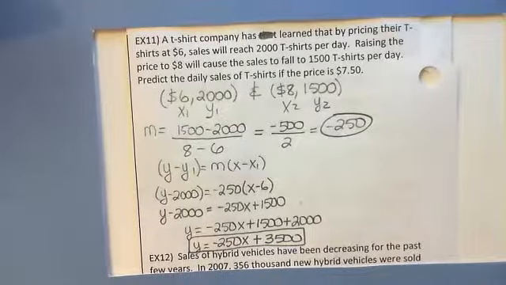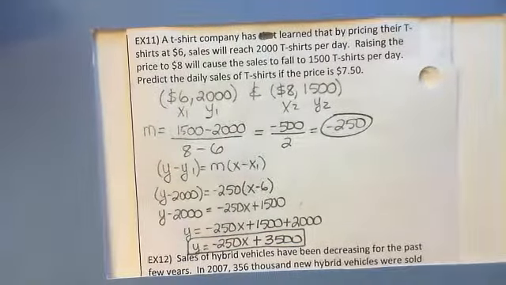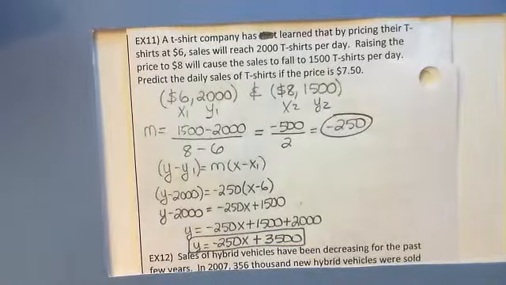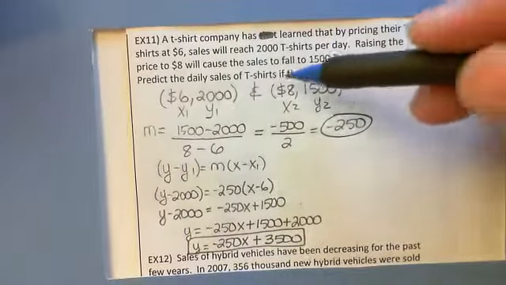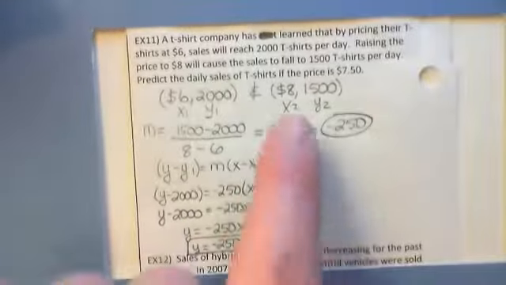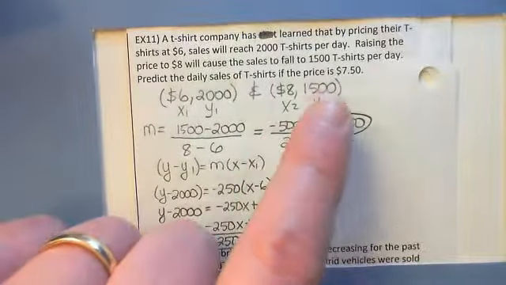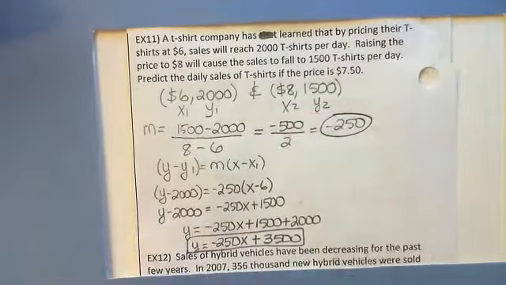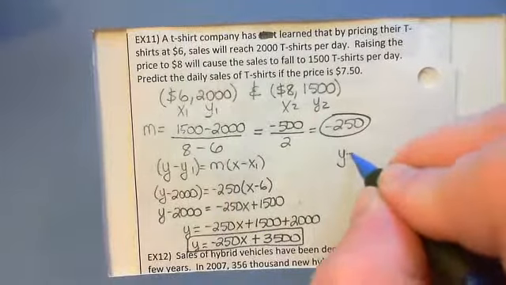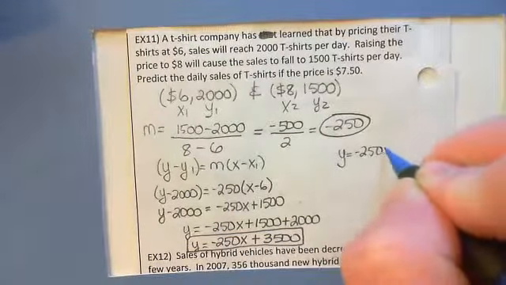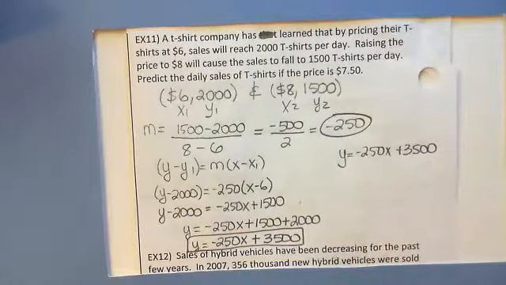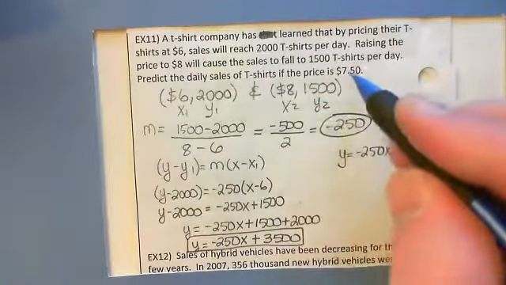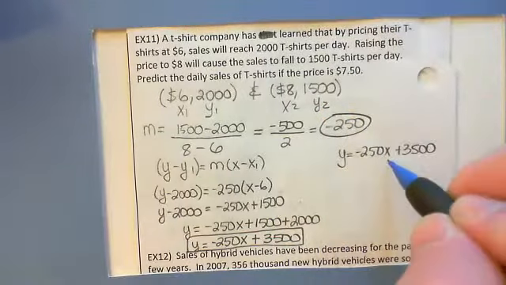But we're not done because the problem asks us to predict when the price of t-shirts is $7.50. Now remember, whenever in doubt, look over here at your ordered pair and you notice that the money is for x and the number of shirts is y. So I have my equation, and I have the value of x, which is 7.50.